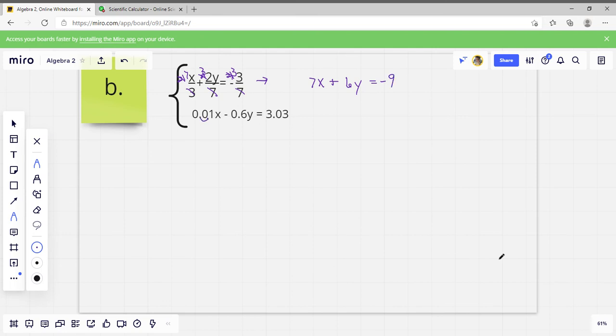This one I'm going to multiply times 100, so I'm going to have x minus 60y equals 303. I think I'm just going to move this one around. So I'm going to change that to x equals 60y plus 303, so I just did plus 60y and plus 60y.